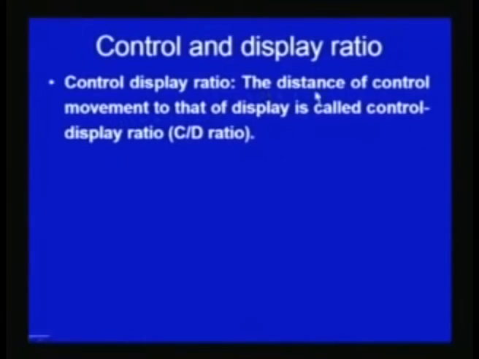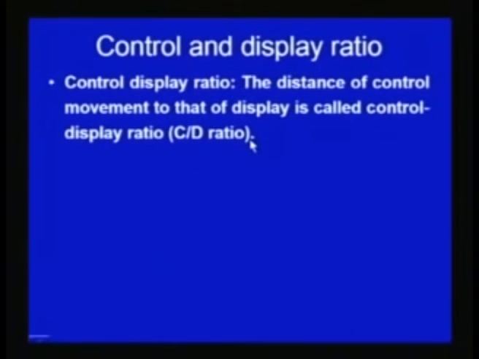When a small movement of the control is required to give a large movement of the display, then we have a low control to display ratio. The ratio of the distance of the control movement to that of the display movement is called control display ratio or C/D ratio.